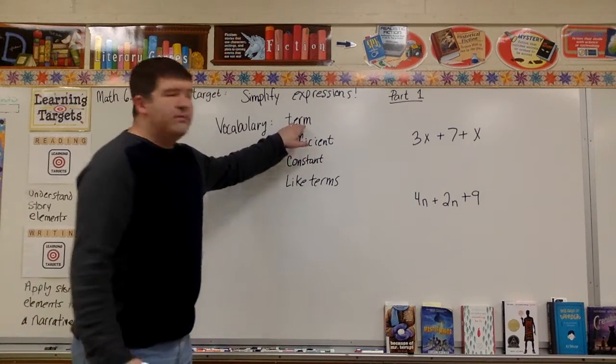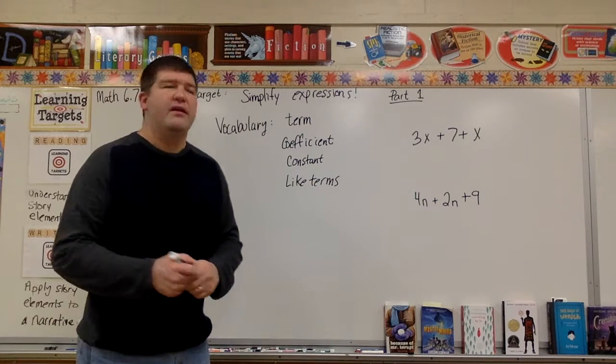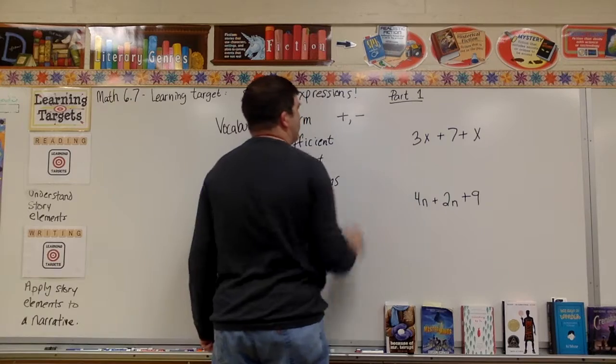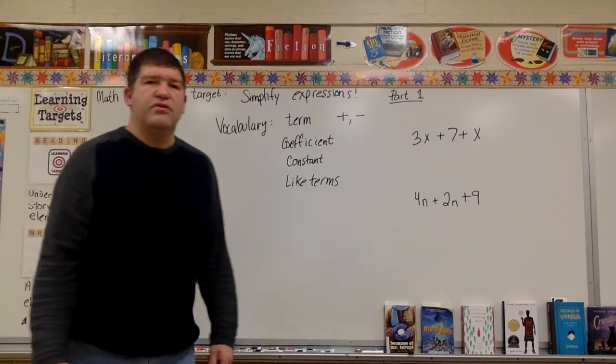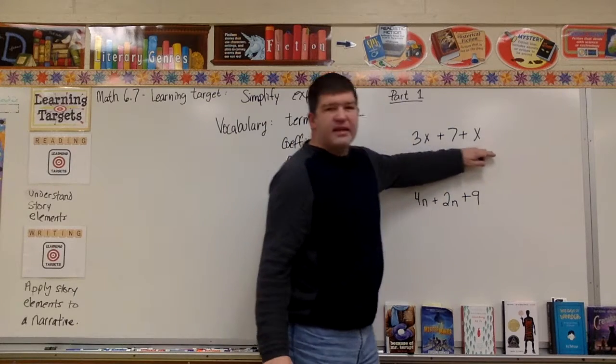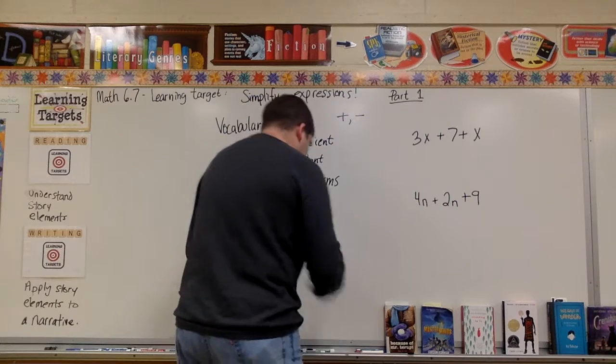Okay? A term. A term is anything separated by addition and subtraction. So, I look at a problem like this, and I'm looking at things separated by addition and subtraction.